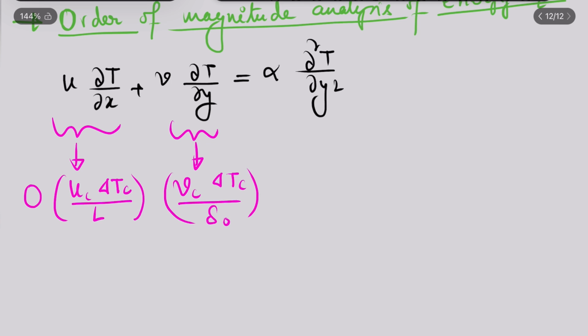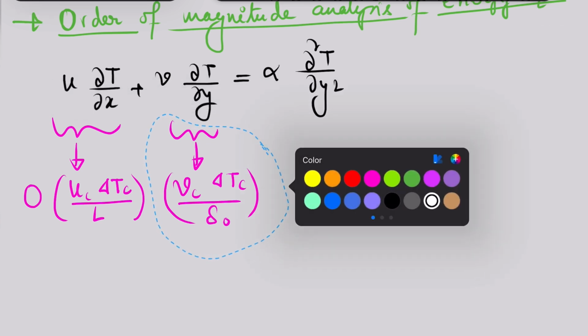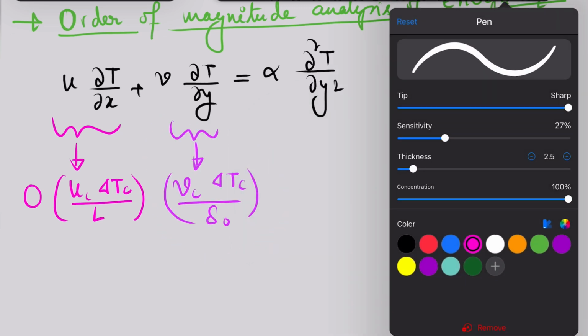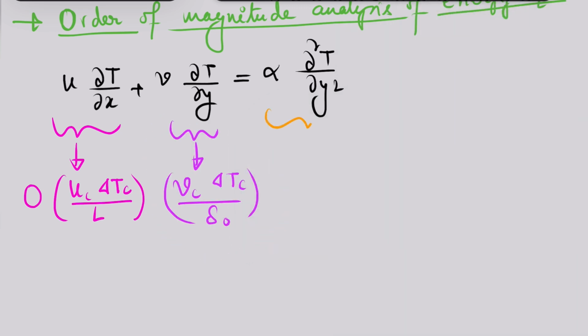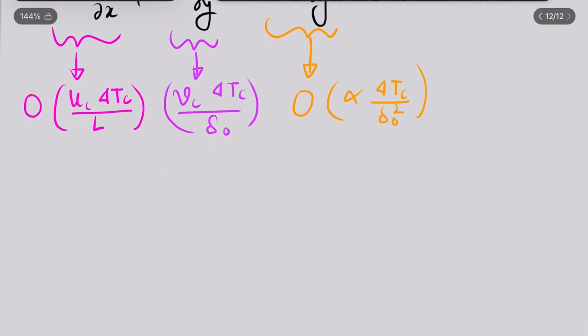Finally, what will be this term? It is of the order of alpha delta TC by delta naught square. And we know that UC by L is of the same order as VC by delta naught.